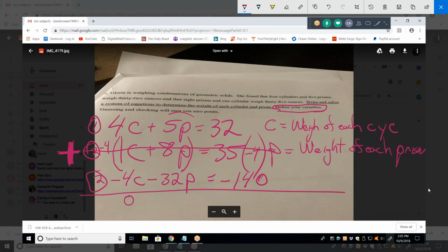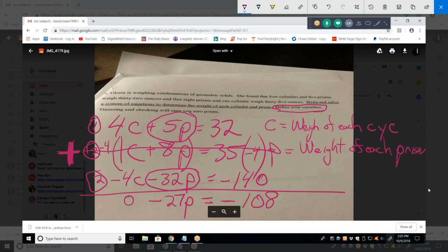And now add 5p to minus 32p. What do you get? Negative 27p. And now on the other side, you're adding 32 to minus 140. Minus 108.